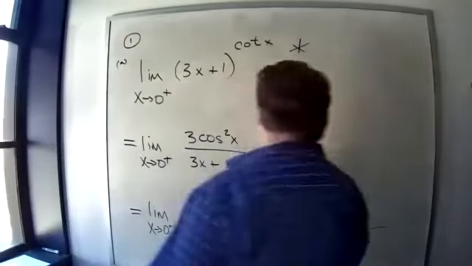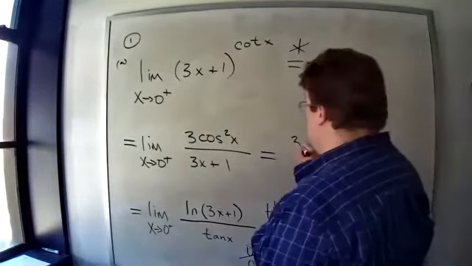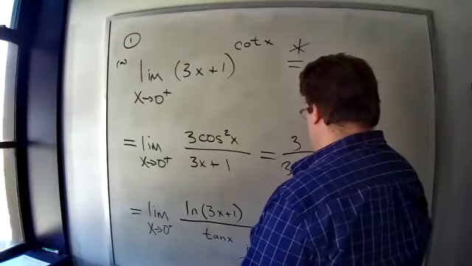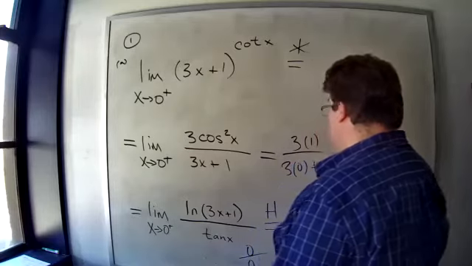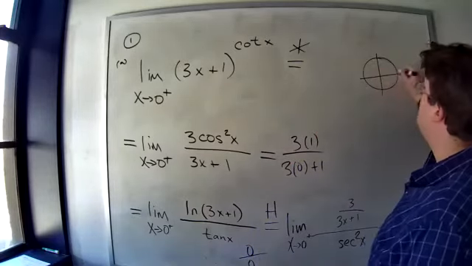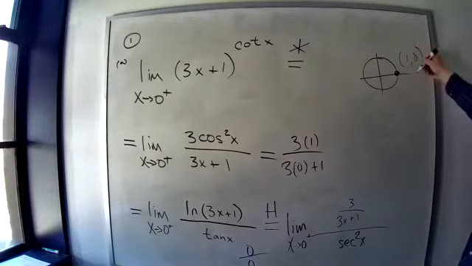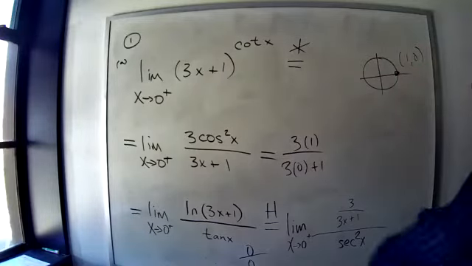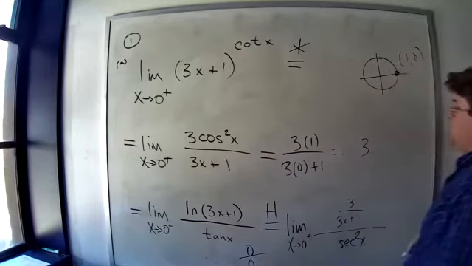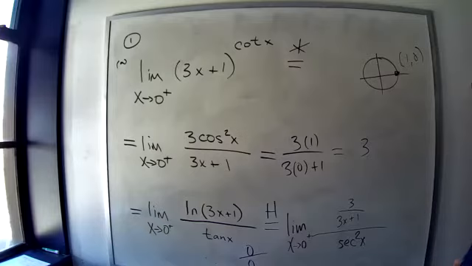As x goes to 0, we have 3 cosine of 0, which is 1 over. So let x go to 0. Cosine of 0 is 1. That ordered pair is 1, 0. And the bottom goes to 3 times 0 plus 1. So we get that this limit is 3.